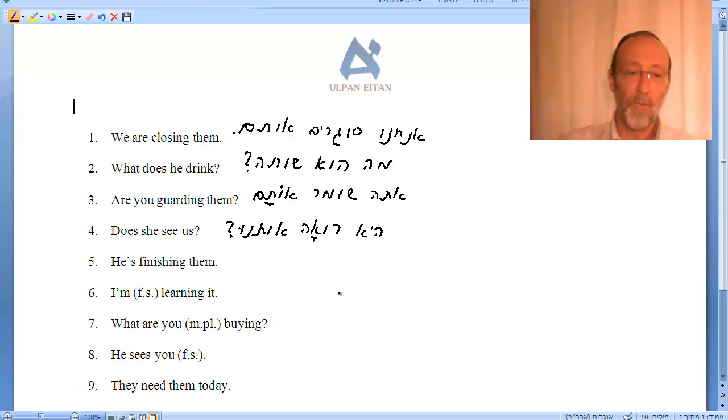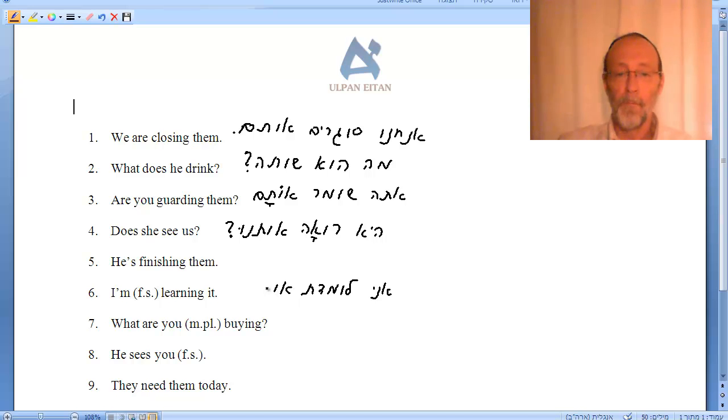In number 6, I'll do one more here. I'm dealing with feminine and singular. I'm pretending that it's a woman speaking. Ani lomedet. And this is on this practice sheet to remind people, or to bring to people's attention a concept that I'm going to say here, oto, which means him or it.